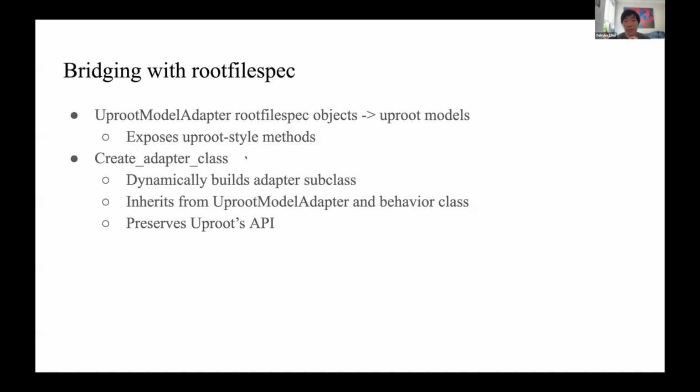So these kind of translate the methods and properties, and the createAdapter class actually makes the adapter subclass, and these have the behavior from rootFileSpec, but it also has the specifications according to Uproot, so that it is able to be used with the rest of Uproot's API.